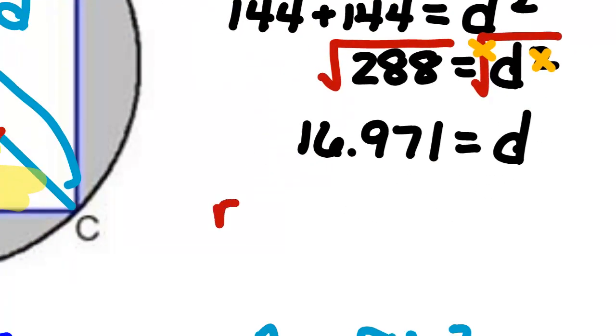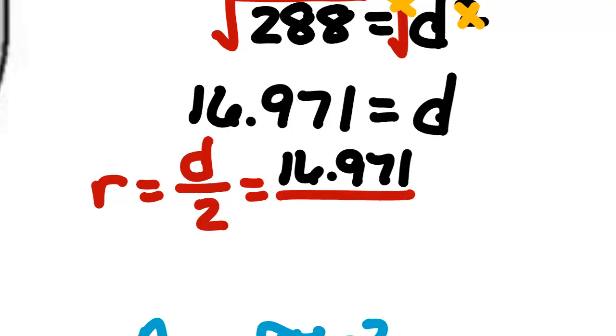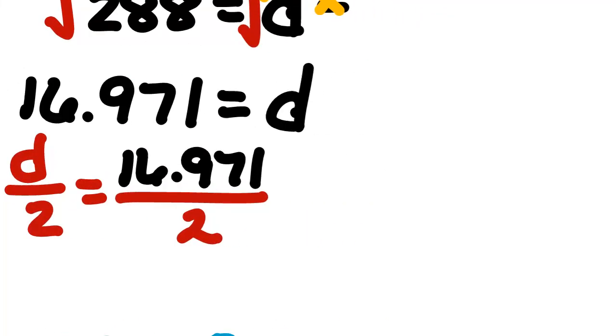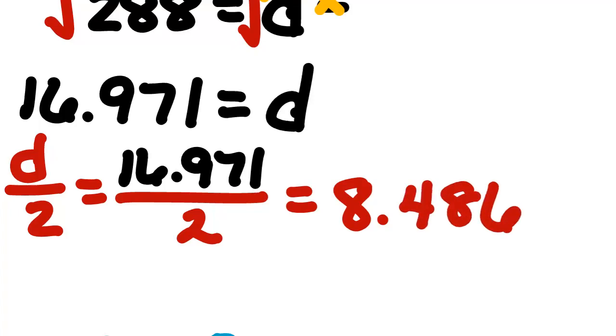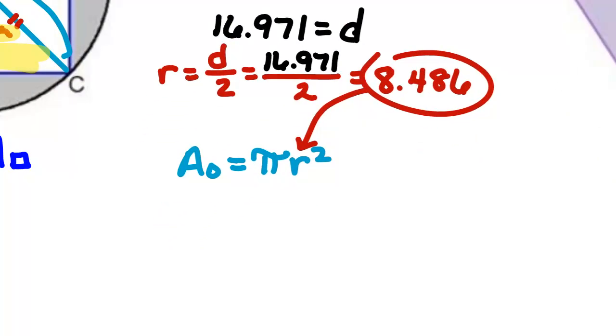And so then the radius is equal to the diameter divided by 2. So 16.971 divided by 2, which comes out to be approximately 8.486. So this is what we're going to use in the place of r right here.